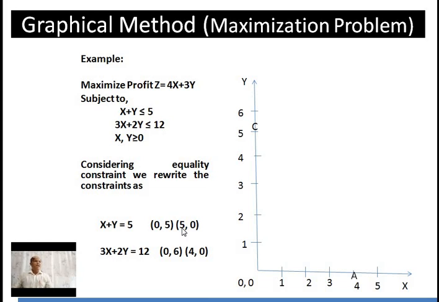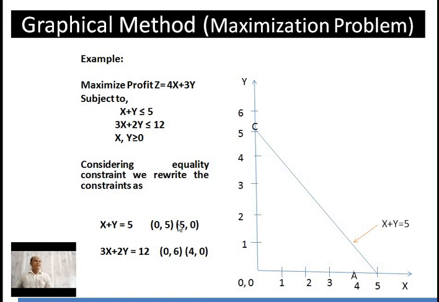Now connecting these two coordinates in a graph, we will get this graph as the line for the first constraint, that is x plus y equal to 5.